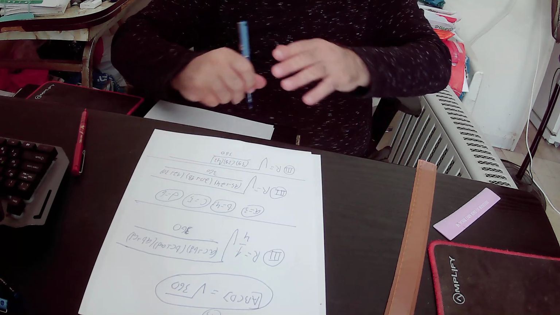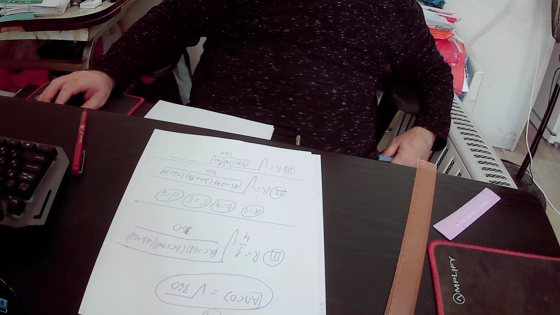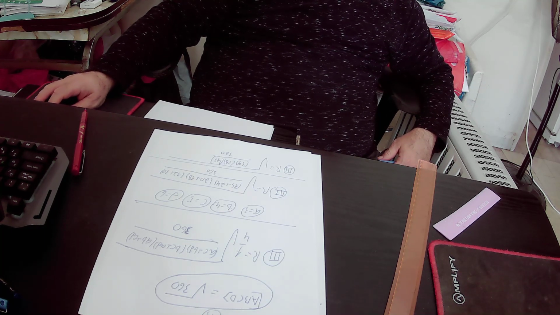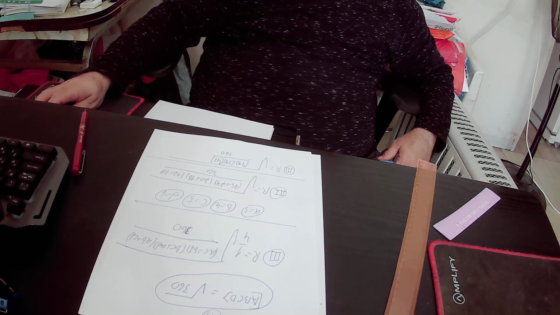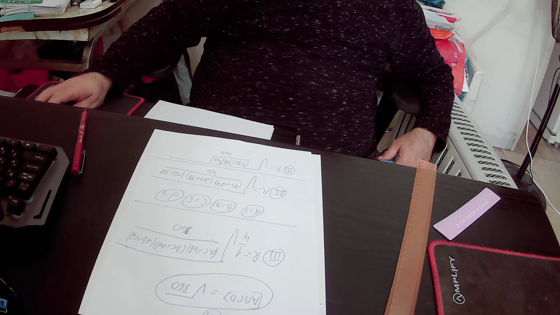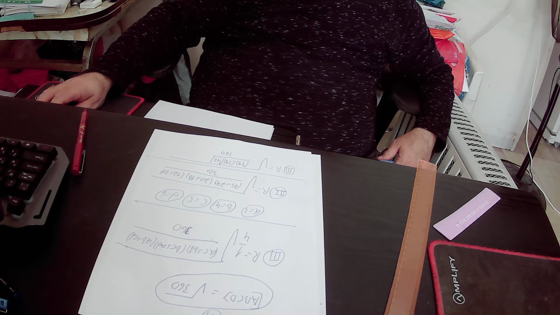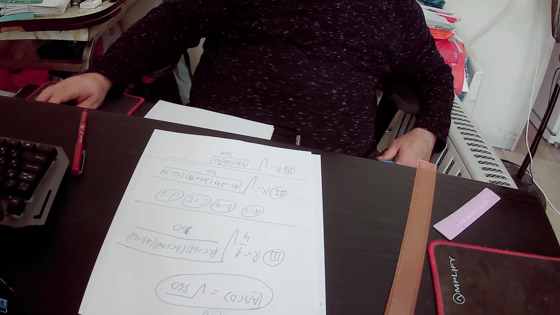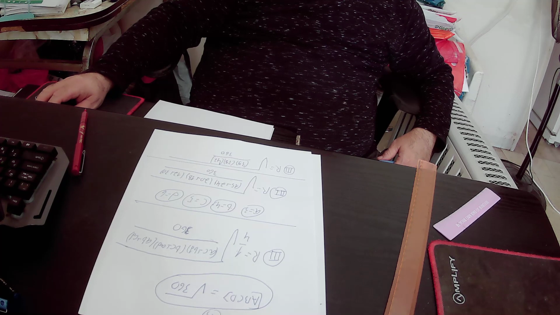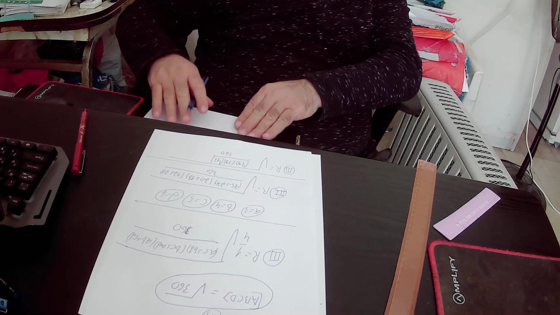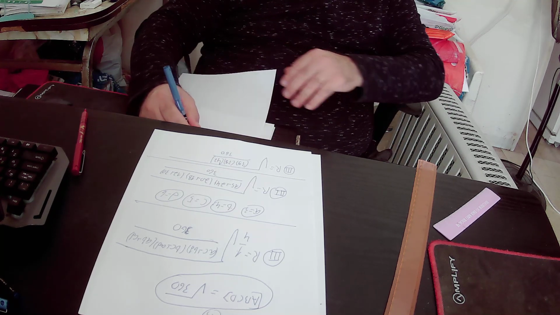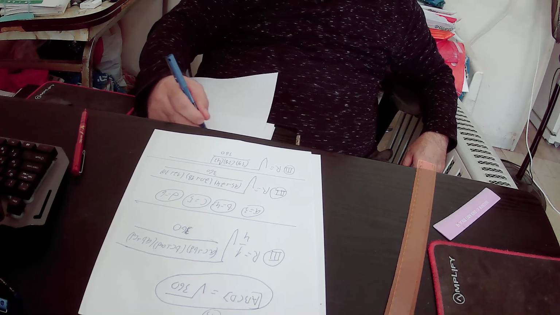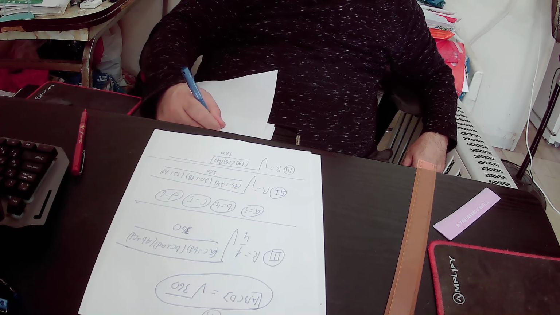Okay, so we will make the calculations and we get that 39 times 38 times 42 over 360 equals the radius of the circle.